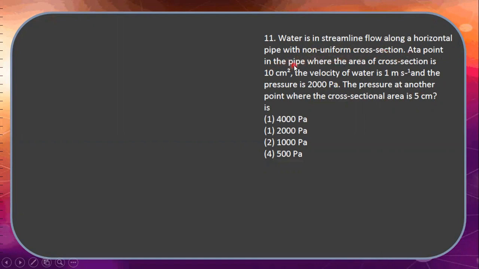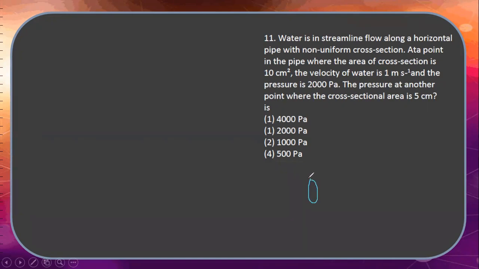According to this given data, a pipe is there which has different areas of cross section.